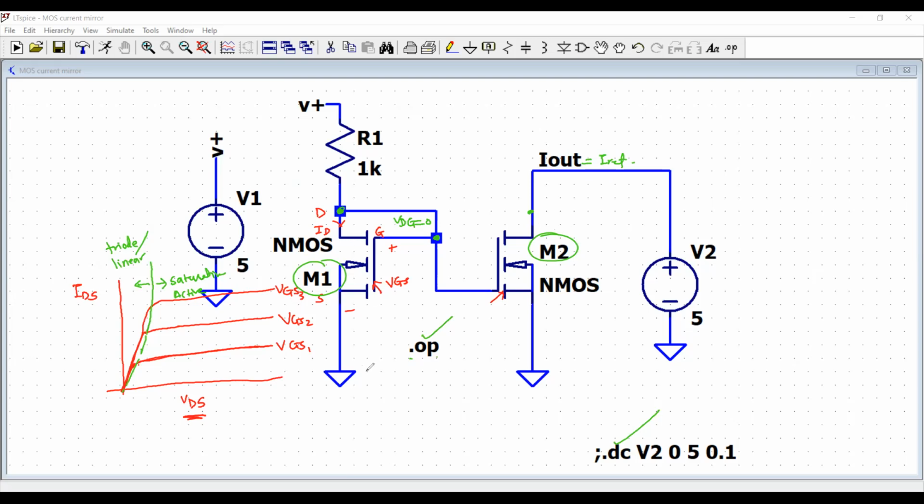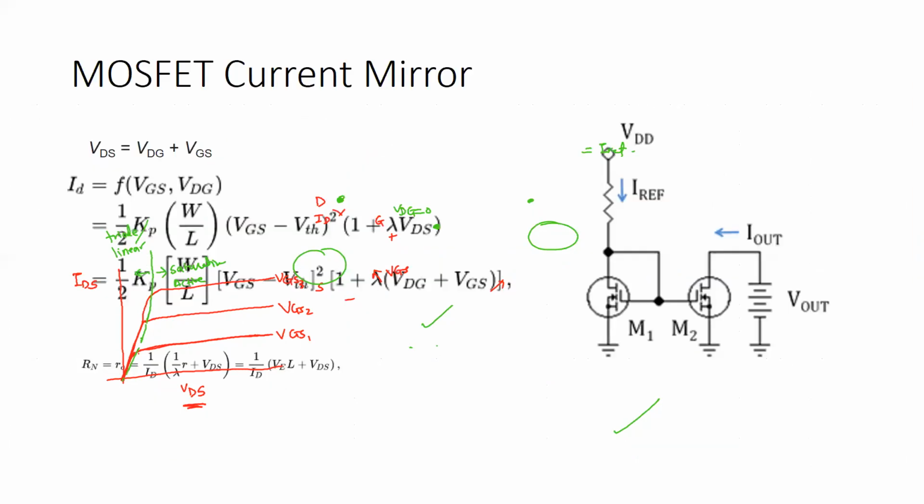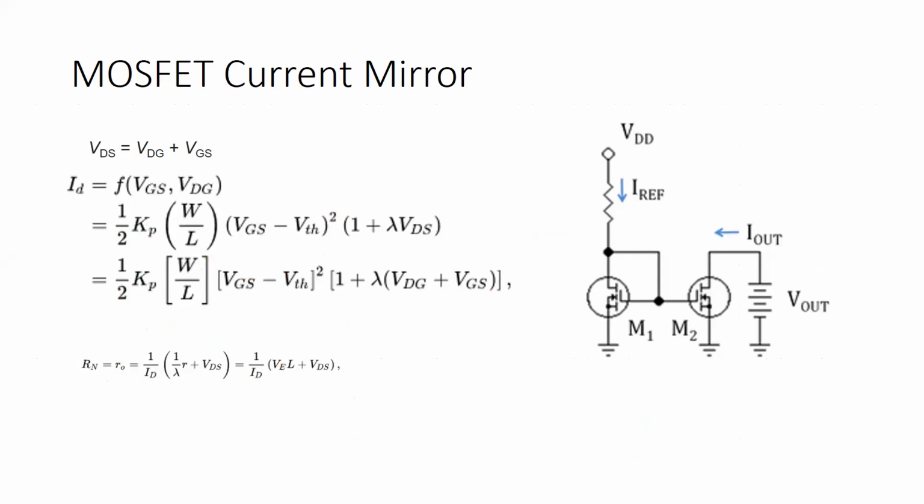But before I take you further, I would like to show you the principal operation of the MOSFET again. Here in the theory, we see that this is the circuit where I reference is flown into the circuit by means of a resistor. The input side of the circuit acts as a current sink, because you are sinking the current I reference into the MOSFET.